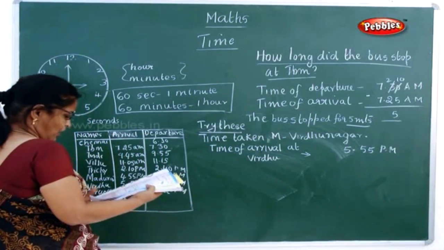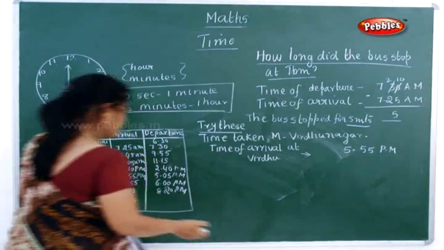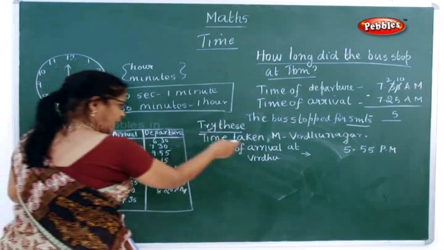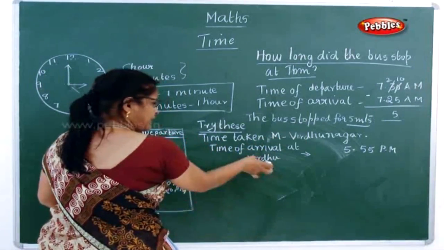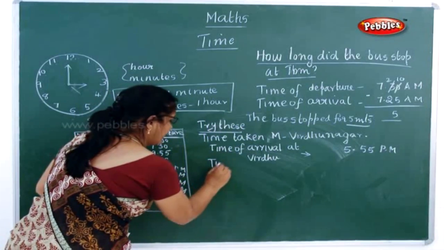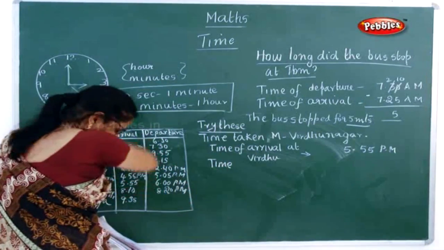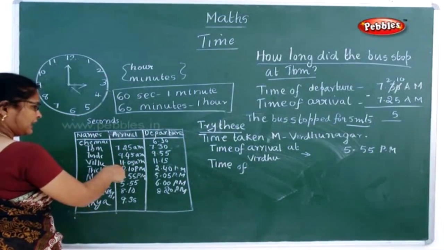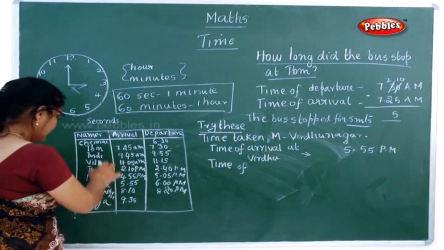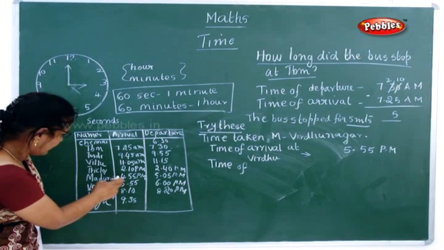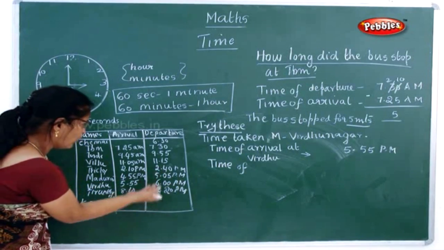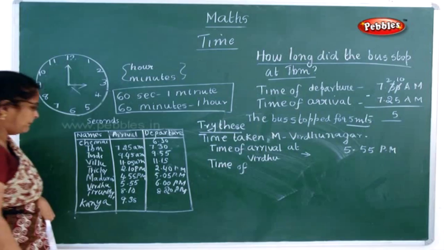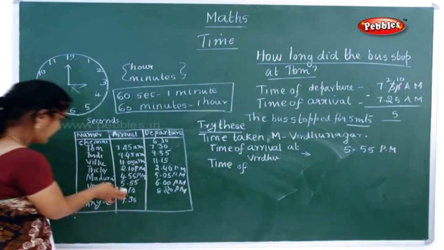Is it clear now? Now, next one. What is the next question they have asked? Time taken from Madurai to Virudhunagar. So, you have written Virudhunagar. Now, whether you have to write arrival or departure. Because, see, Madurai, it arrived at 4:55 and departed 5:05 p.m. So, from 5:05 it came to Virudhunagar.